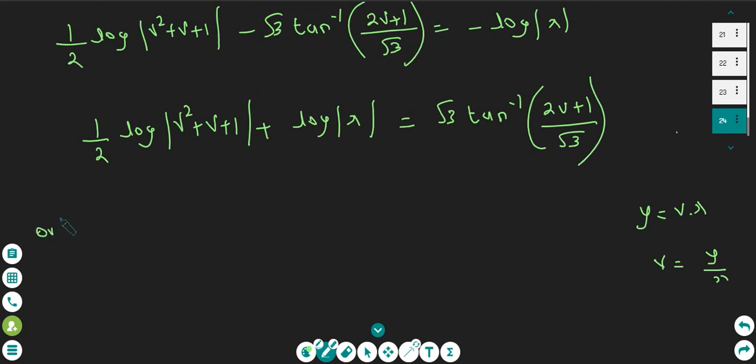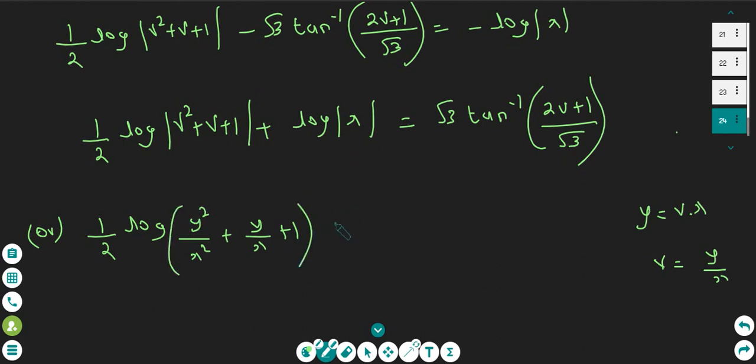So therefore I can write down half of, wherever we have v we have to replace it, y by x. Half log, this will be y squared by x squared plus y by x plus 1 mod. I can multiply these two logs times of, this is already x, whole mod equal to root 3 times tan inverse of 2 times of y by x plus 1 by root 3.